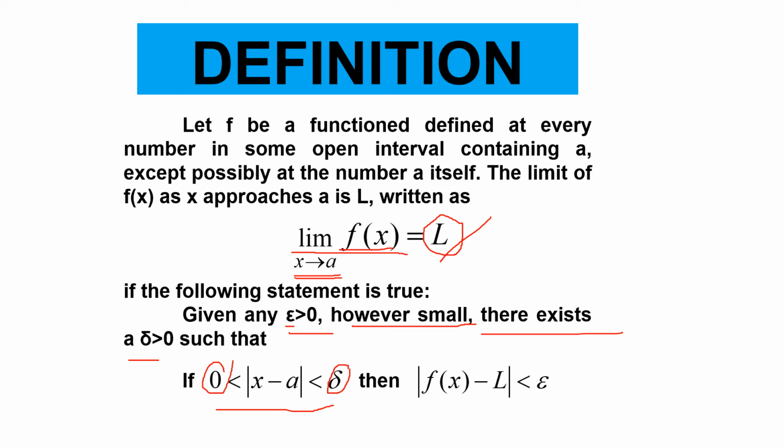If 0 is less than the absolute value of x minus a, less than sigma, then the absolute value of f of x minus L, the value of your function minus the limit of your function when x approaches a, is less than your epsilon. So you need to satisfy this condition.